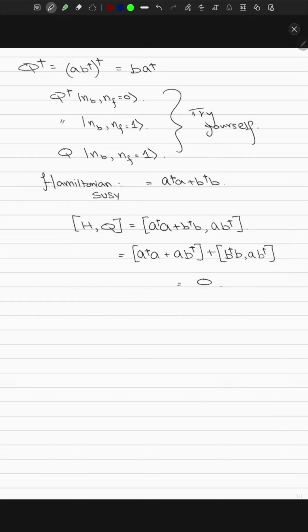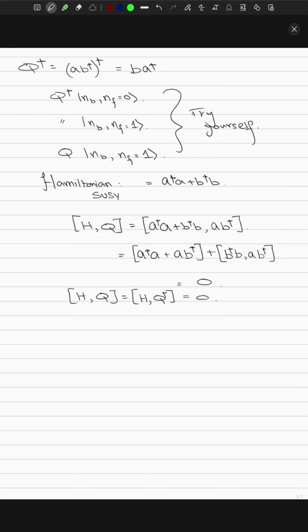And so we conclude that the Hamiltonian and supercharge commute with each other. And you can also check the same thing for the Hamiltonian and the dagger of the supercharge. It will also commute.